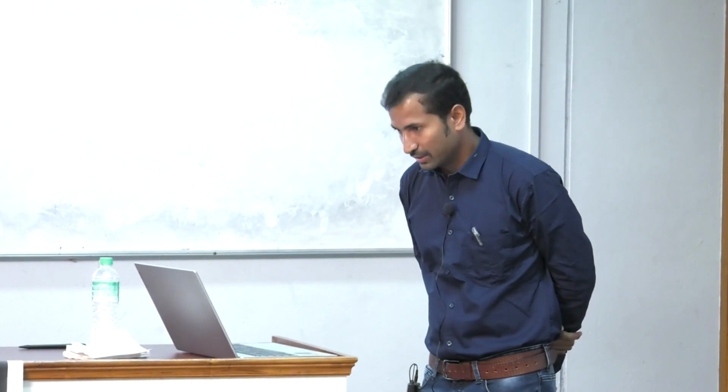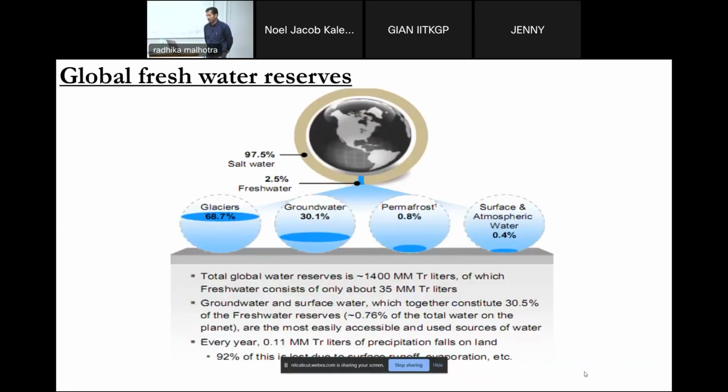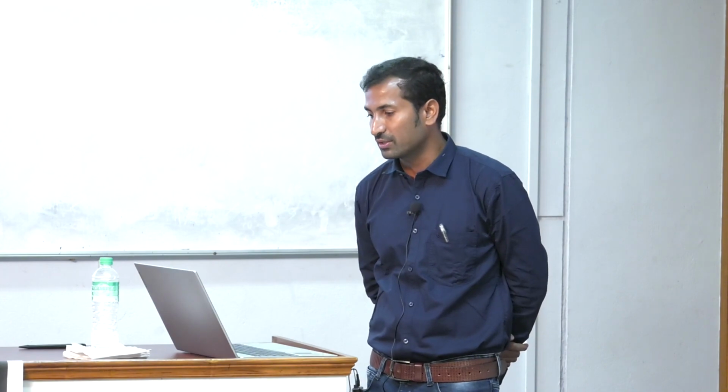And look at this data. I have collected it from a recent review paper on global freshwater resources. See that glaciers have about 68.7%, groundwater is 30.1%, permafrost is 0.8%, and surface and atmospheric water is just 0.4% of the fresh water.